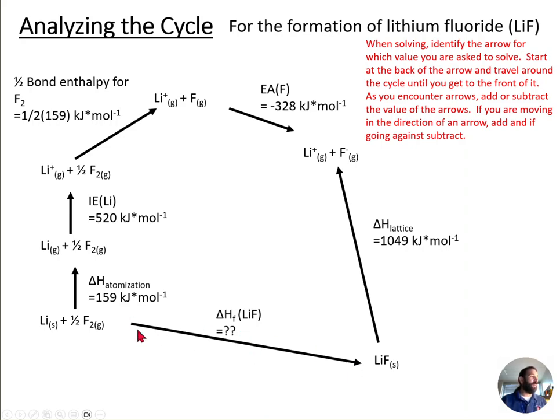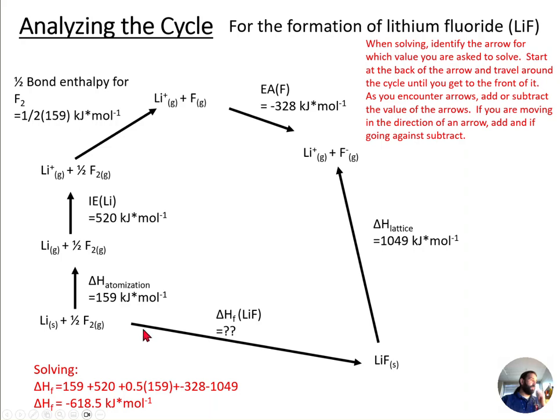We start at the back of the arrow and travel around the cycle all the way to the front of the arrow. Every time we encounter a value represented by these arrows, we either add or subtract the values. If we're traveling in the same direction as the arrow, we add the value, and if we're going against the arrow, we subtract the value.